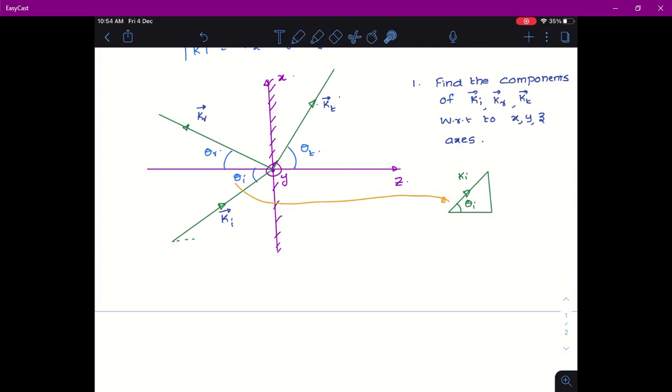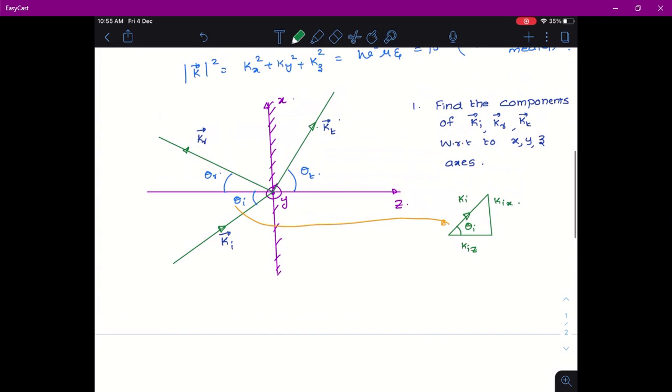Okay. Fine. So I write my component along z as ki z, and component along x as ki x. This is medium number 1, and this is medium number 2.